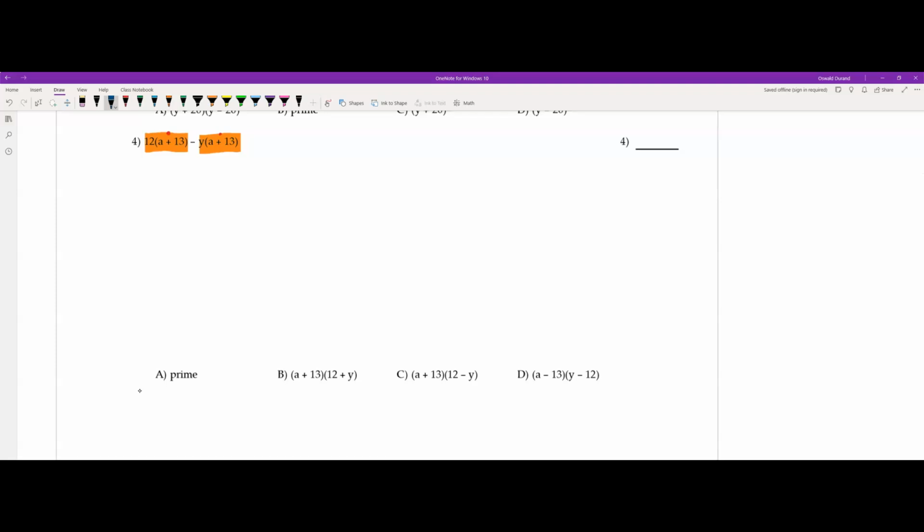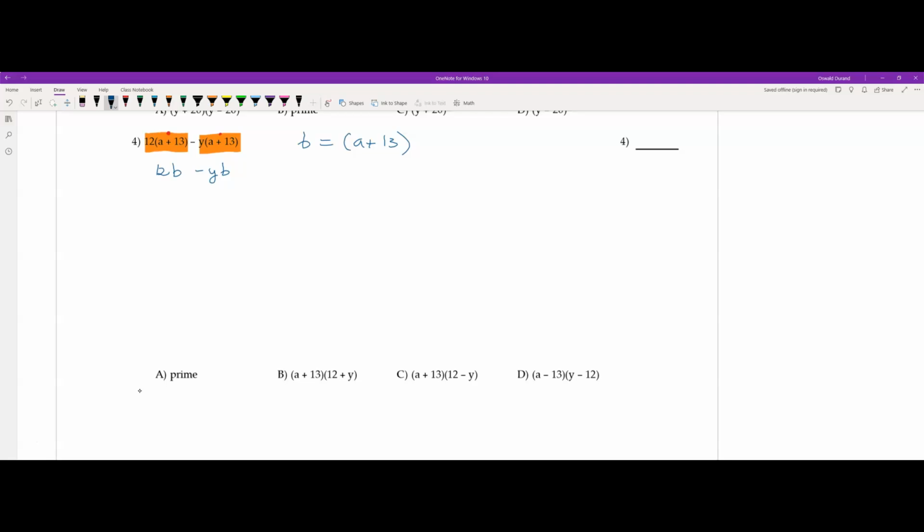So if you factor it out, let's say I use the letter B to represent a plus 13. If I were to do that, I will have 12b minus yb.